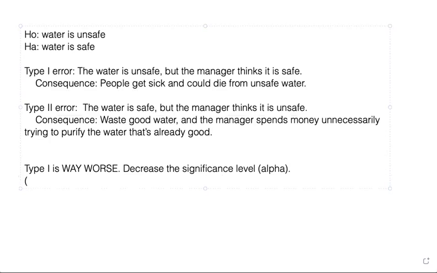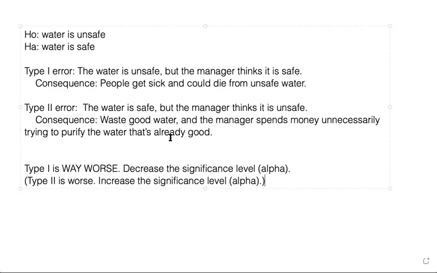But just in case there's somebody out there who really loves water and thinks type 2 is worse, here's the alternative. In case you had an argument for type 2 being worse, then you would increase the alpha because that decreases beta.